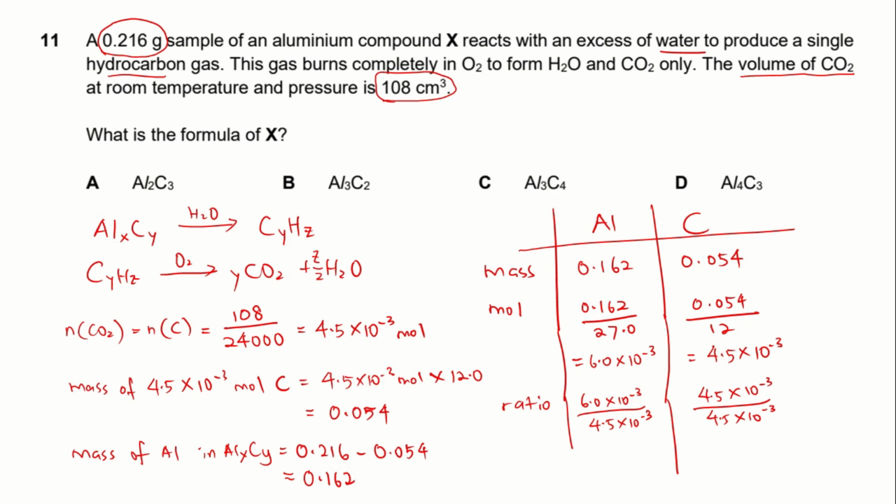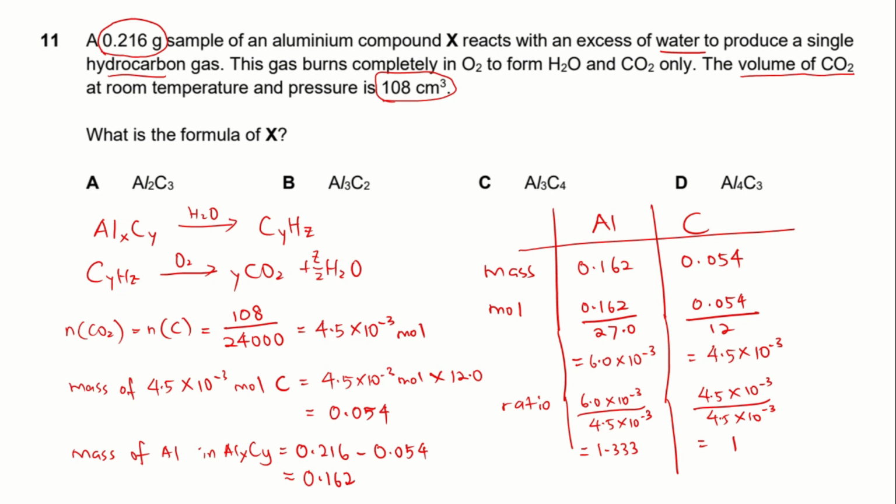To find the simplest ratio, we need to divide the number of mole by the number of mole that is smaller, which is the number of mole of carbon here. So now it will be 1.333 to 1.